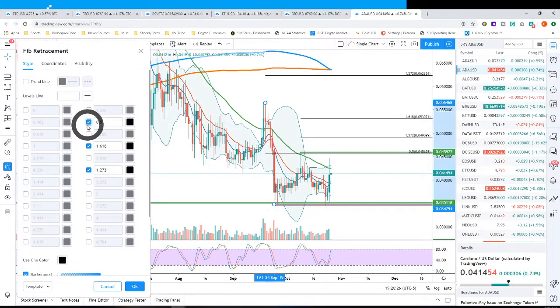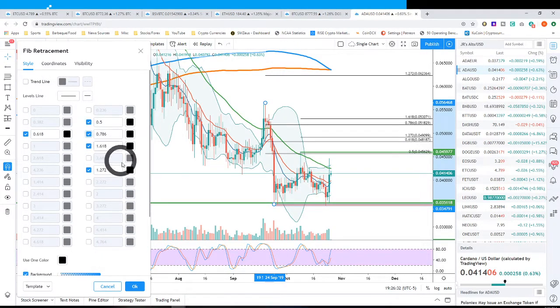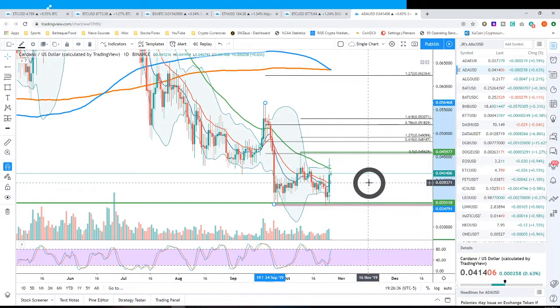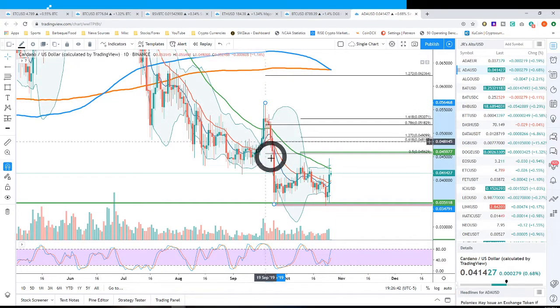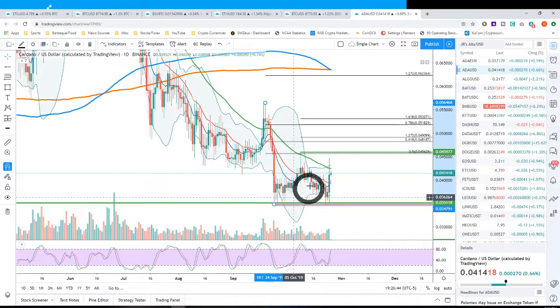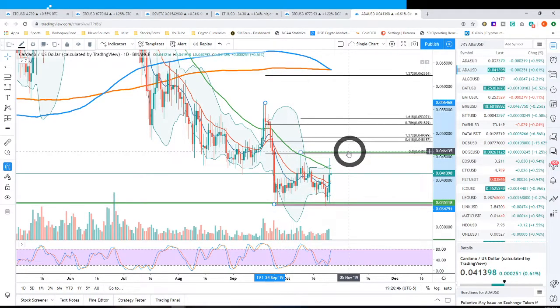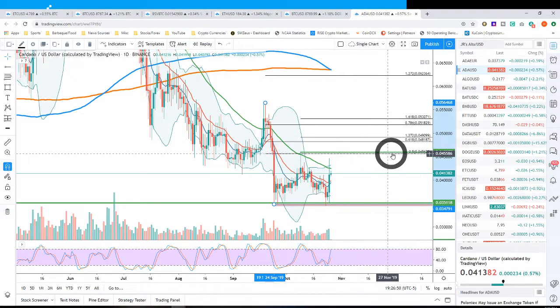Oh, wow. Huh. Amazing how that happens. And we'll leave that. We'll do the 78.6. All right. So amazing how the 50% retracement lines up from this high to this low. And it lines up right here with that little area, that wick, right? Almost perfect.